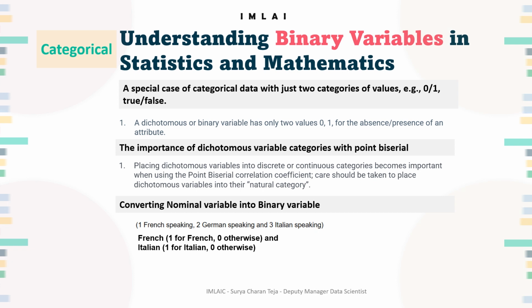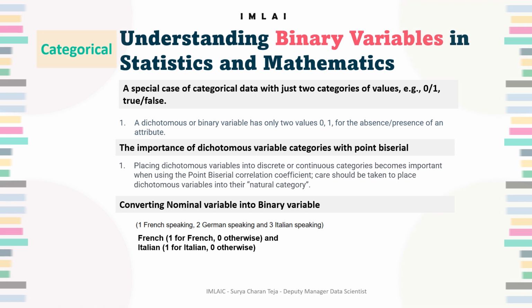So now if French equals 0 and Italian equals 0, we have a non-French, non-Italian respondent. In other words, implicitly a German speaker is the reference category. So that's how we can convert a nominal variable into a binary variable.